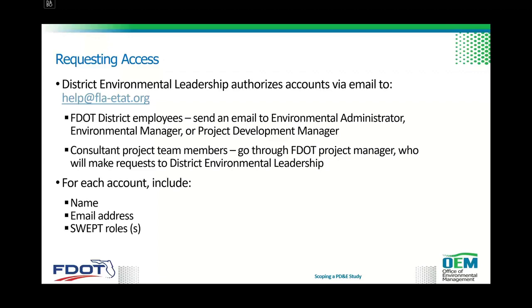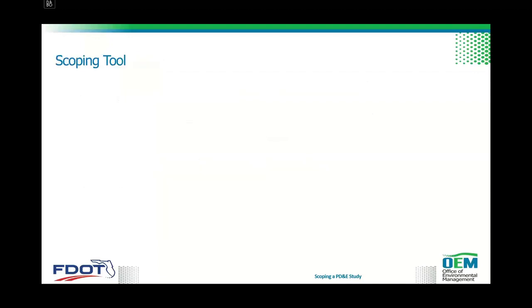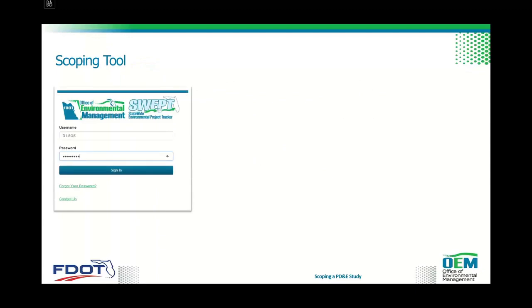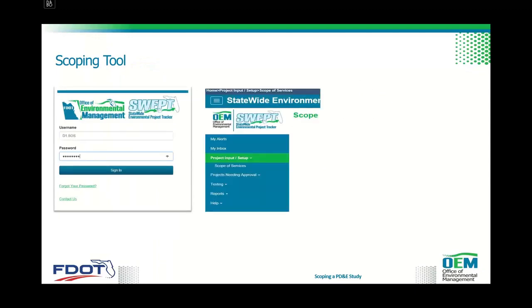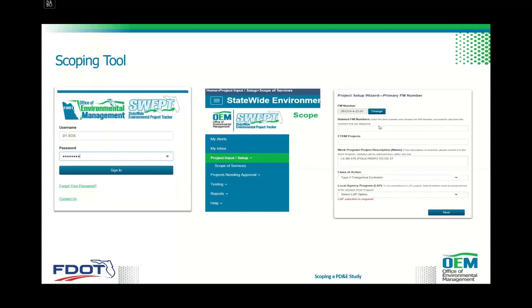Then the consultant project team members would go through the FDOT project manager. And for each account, the request would have to include the name of the person, email address, and their role. So this is how you would access the scoping tool in SWEP.